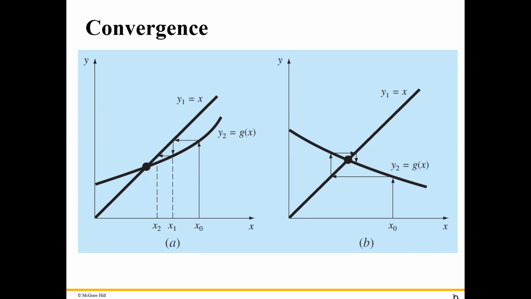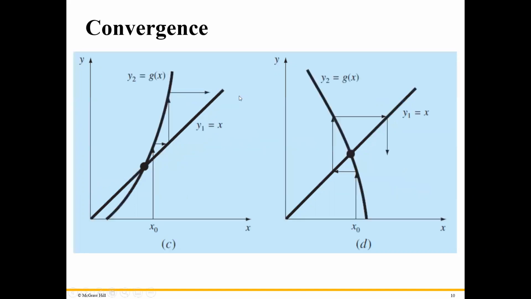In the other two cases over here, there can be situations like this. In these two cases, C and D, the solution is not converging. As before, one of the curves is y is equal to x, because this is according to the methodology of this section.